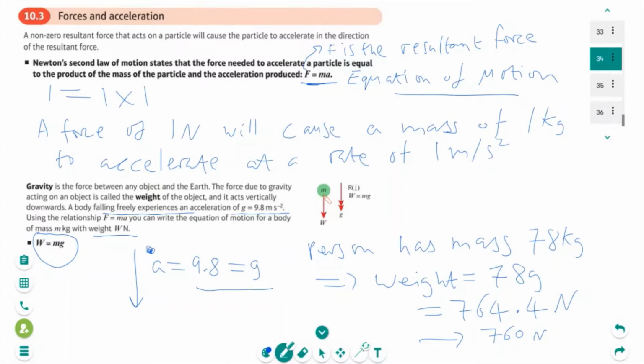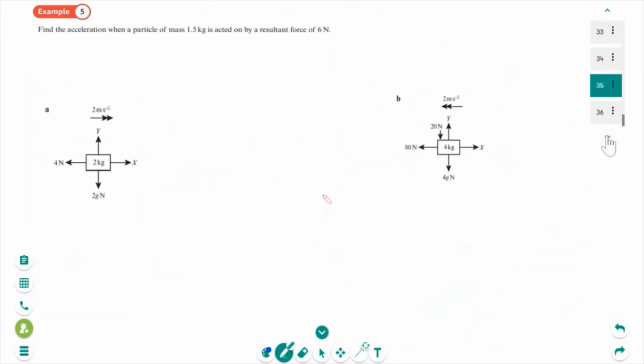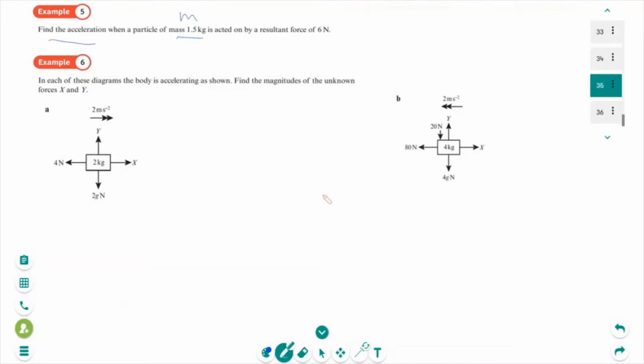Okay, so examples I've got. In the book, first example, just using the equation, you've got the mass m, you find the acceleration, and you're told the resultant force is 6.